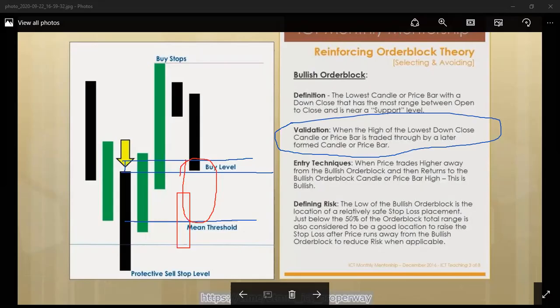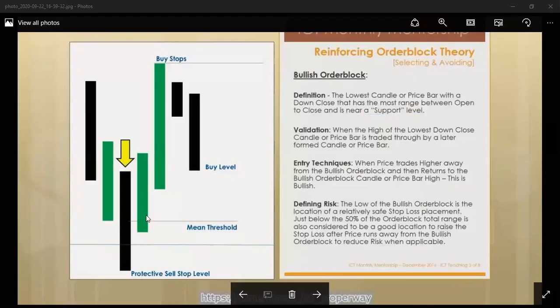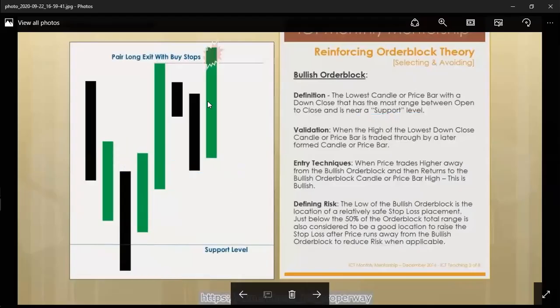Now we look at the other concept that I'll teach you later on. So a valid order block is the one where price will reverse on the wick or the close or in between, this 50% here. As you can see here, price comes back to the order block.